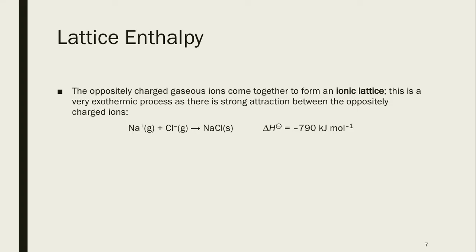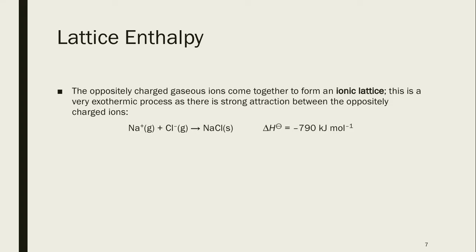Well, this is a very exothermic process as there is strong attraction between the oppositely charged ions. So, in fact, when we do take those two ions, the sodium ion and the chloride ion, combine them to get solid sodium chloride, we see that the enthalpy is negative 790 kilojoules per mole.